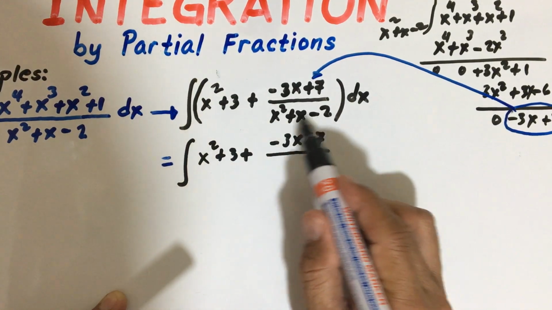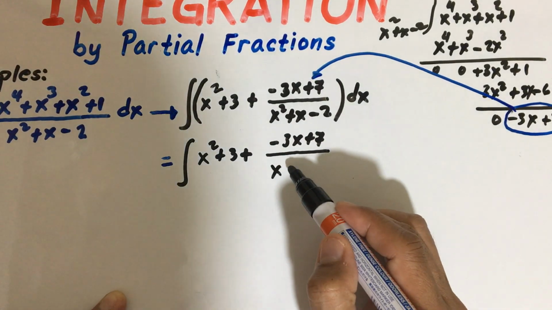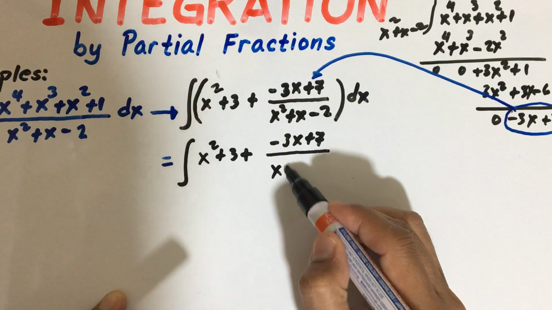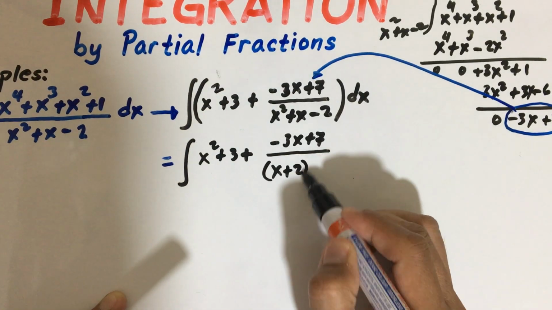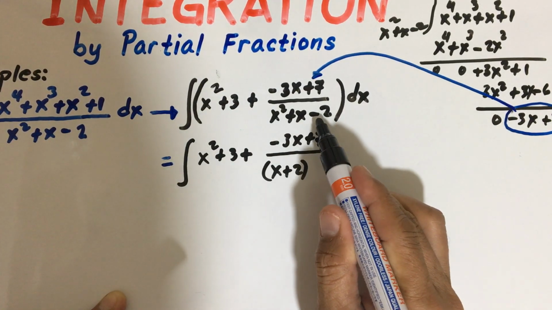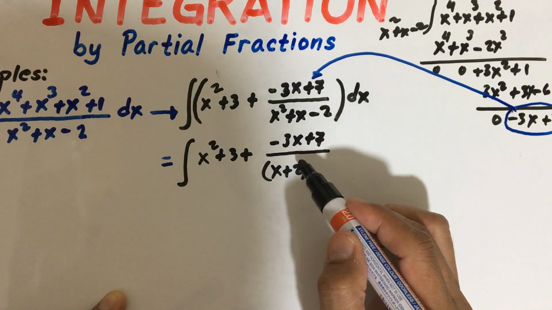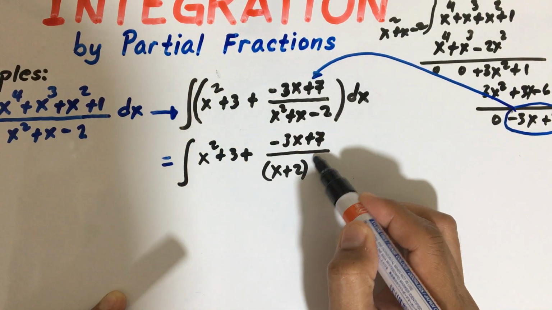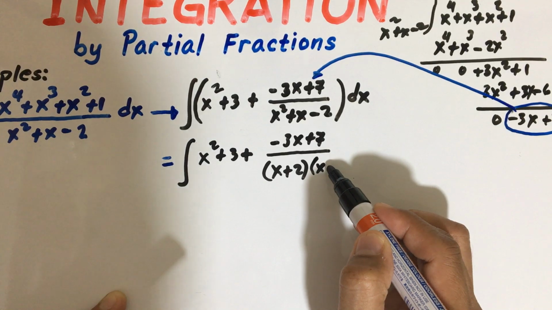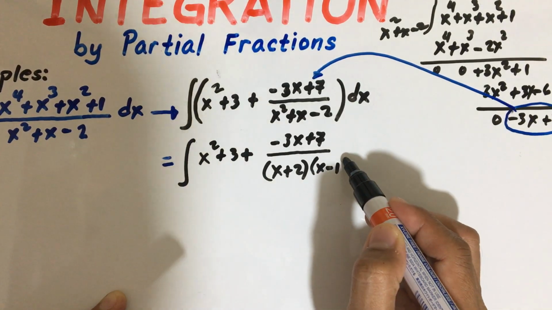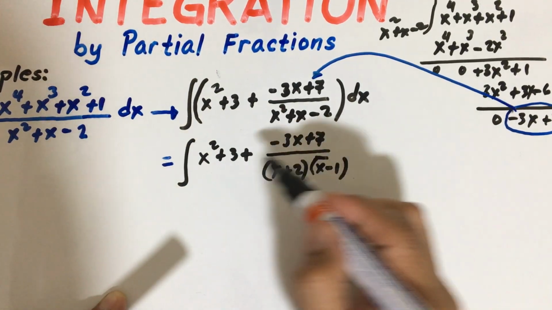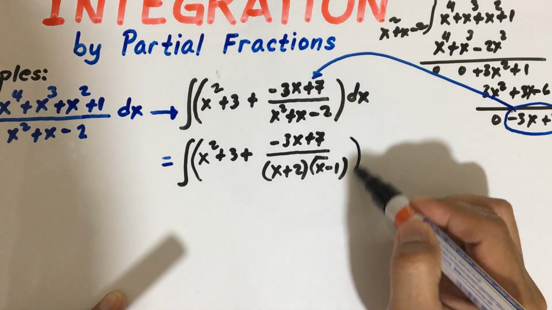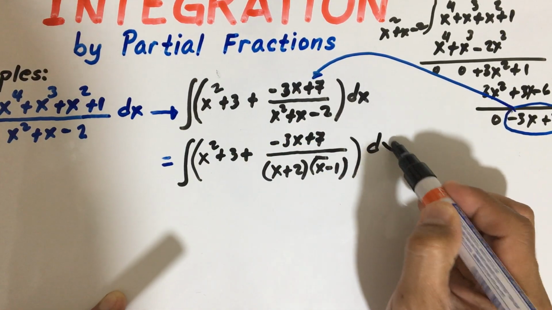By factoring, we have x plus 2 and x minus 1. Alright, so these are the factors, times dx.